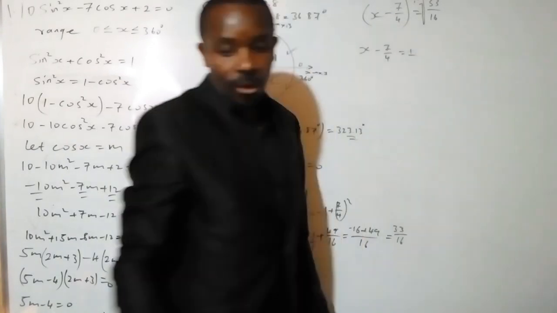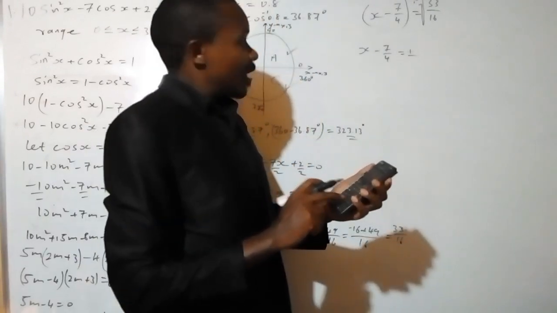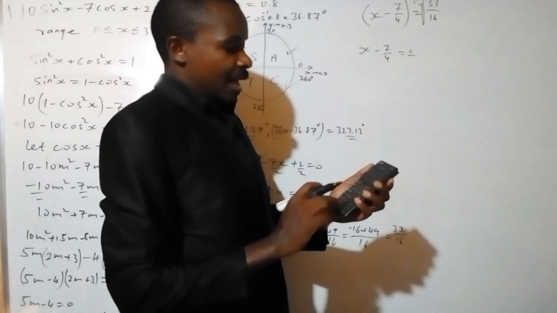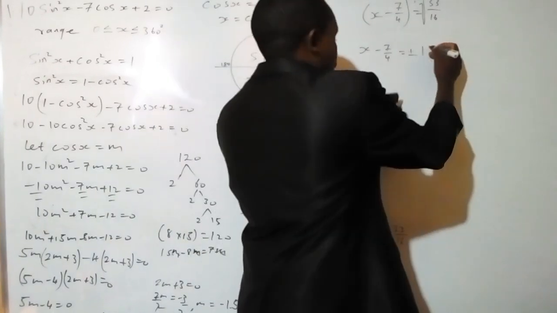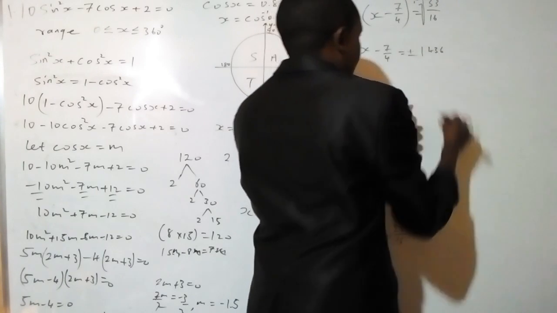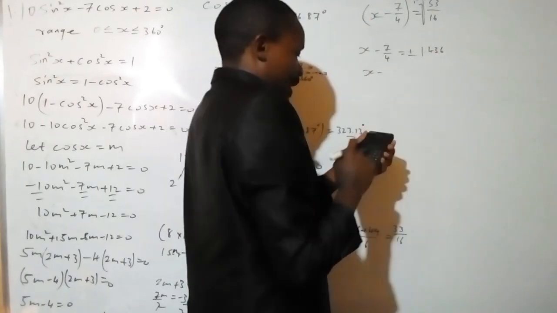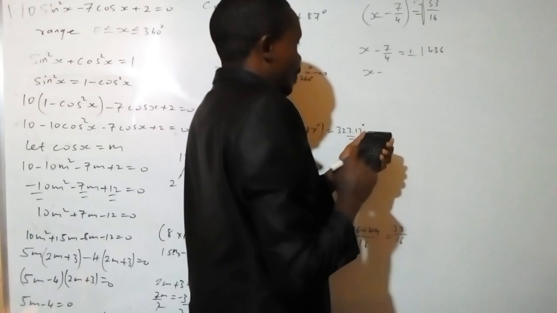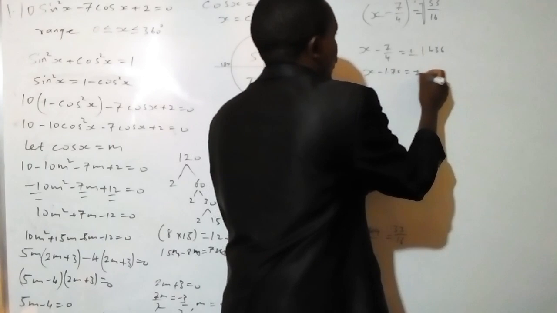Then I can use a calculator and say 33 divided by 16, then square root answer, I'm getting 1.436 to 3 decimal places. x minus 7 divided by 4, this 1.75, equals plus or minus 1.436.